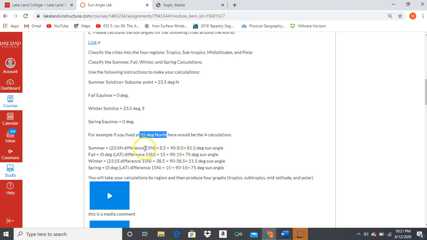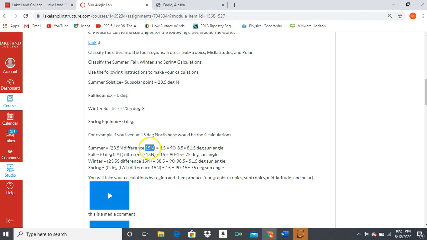For this location of 15 degrees north, on the summer solstice, where the sun's rays are at and where the city is at are in the same hemisphere. And when the city and the sun's direct rays are both in the northern hemisphere, you basically just subtract the smaller number from the larger number, and then you take that number and subtract it from 90.